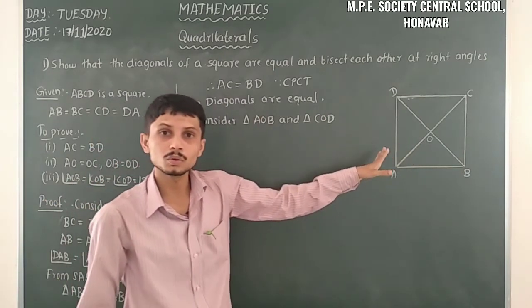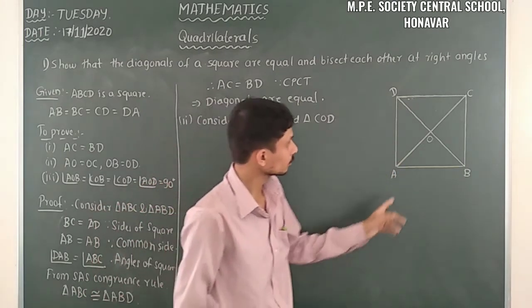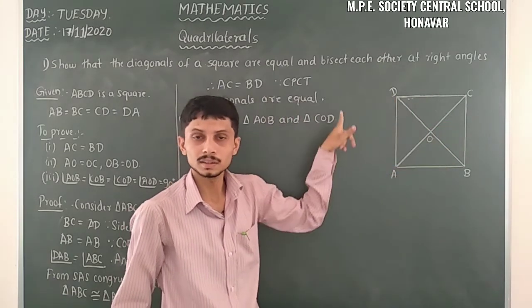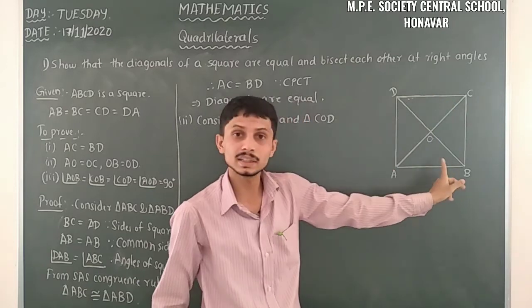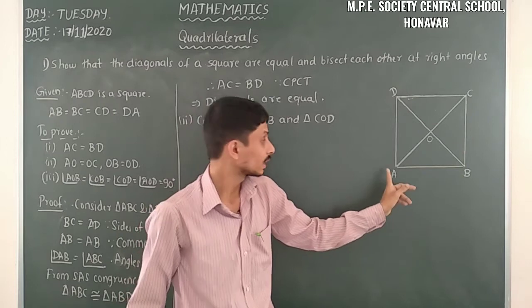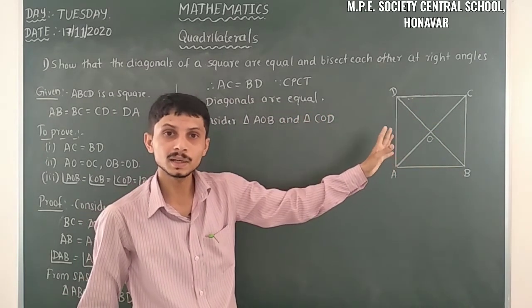In that, we have to look at what equalities we have here. Just observe, it's a square. So CD is equal to AB, already we know that. Also AB and CD are parallel lines.